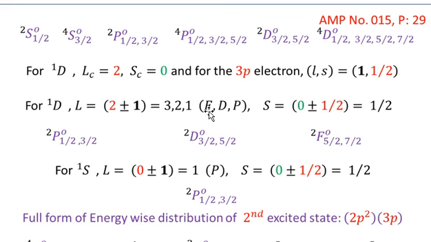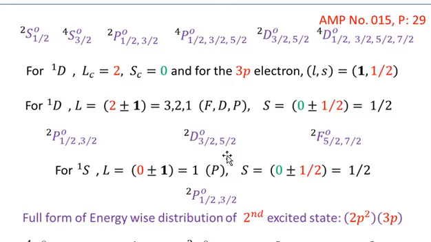Similarly, you have the P term, D term, and F term, and the multiplicity will be equal to 2 for all these three terms which I have written, and I have also written the value of the total angular momentum J of the atom.